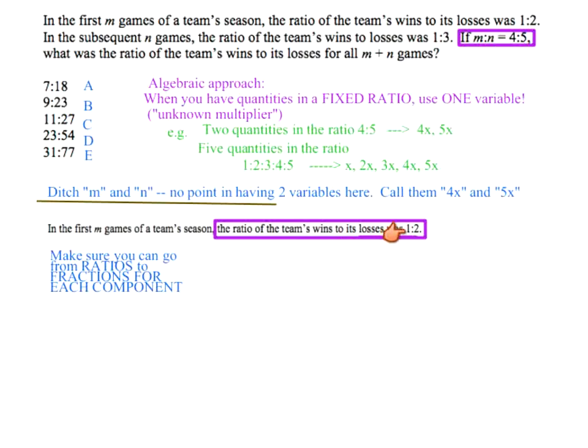The point is that if you have a 1 to 2 ratio, that's like having a total of 3. It's a proportion. You don't literally have 1 and 2. But the fraction of wins here is 1 over 1 plus 2. It's your coefficient over the whole thing.